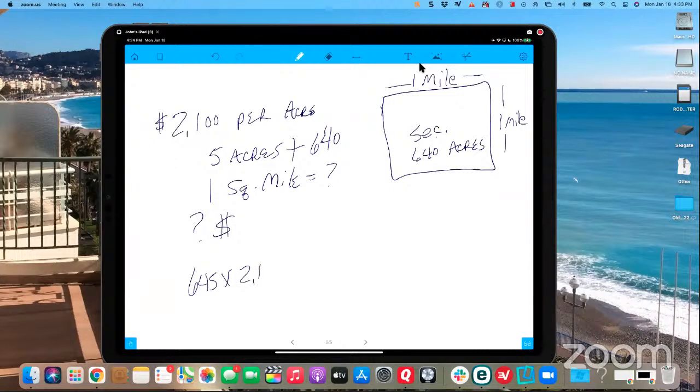And if you multiply that times $2,100, you would get 645 times 2100 equals 1,354,500. Now I'll double check my math. 645 times 2100 equals 1,354,500.